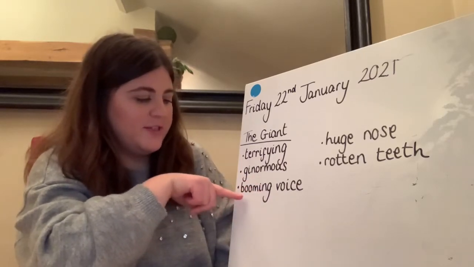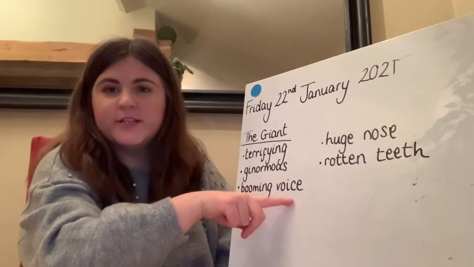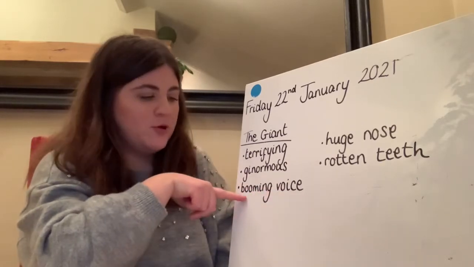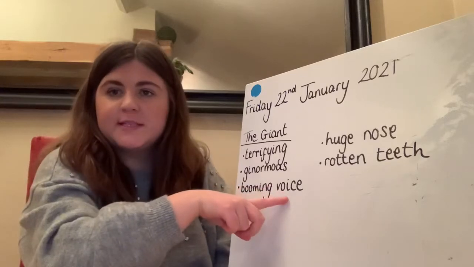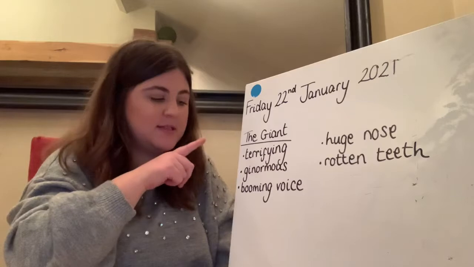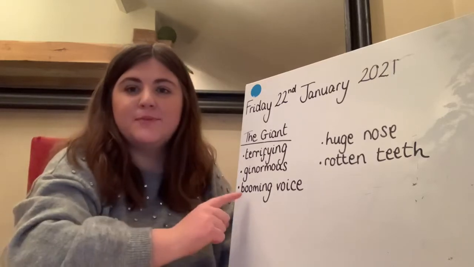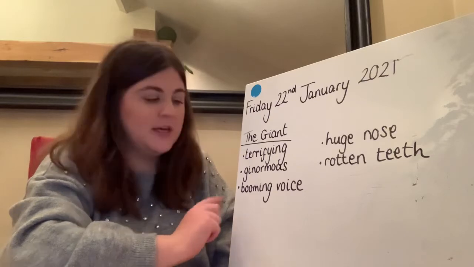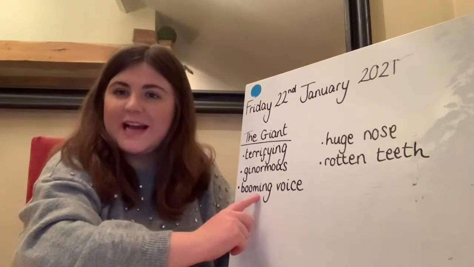I've also written on here booming voice. Now, which one of these words is the adjective? Is it booming or is it voice? So remember, he has a voice, but saying that it's booming is describing the type of voice that he has. So booming is my adjective.